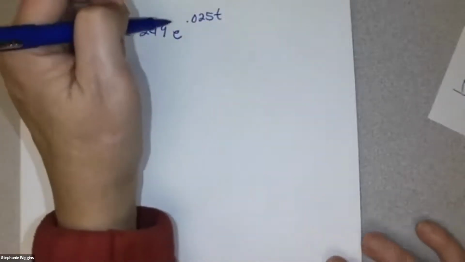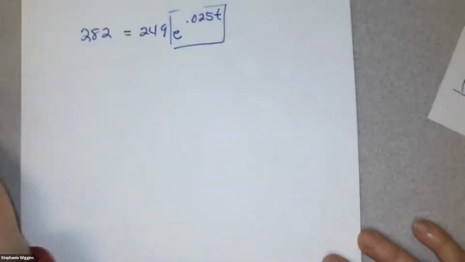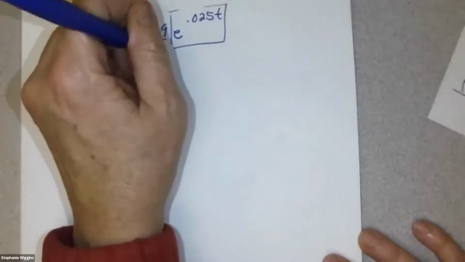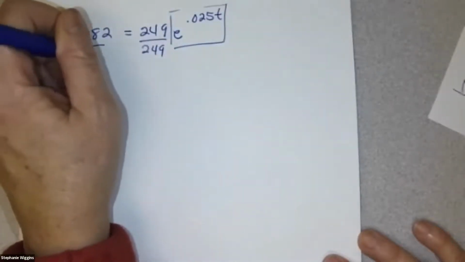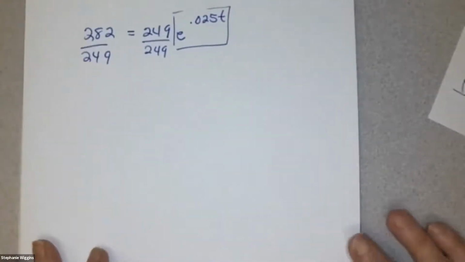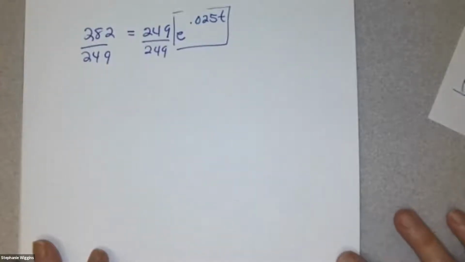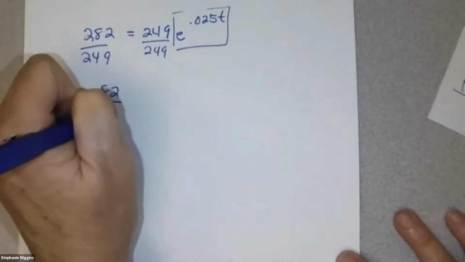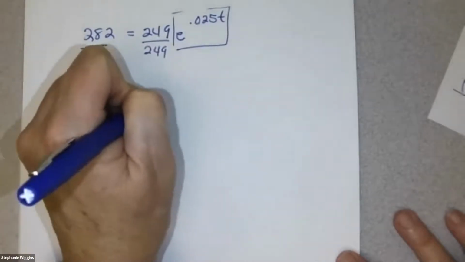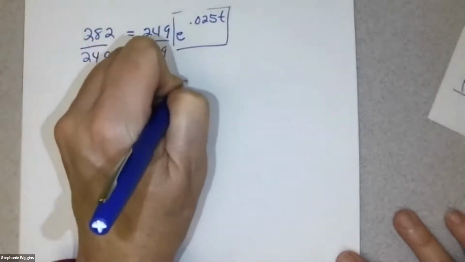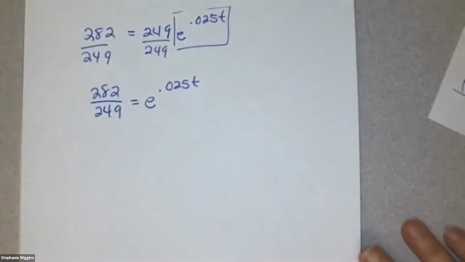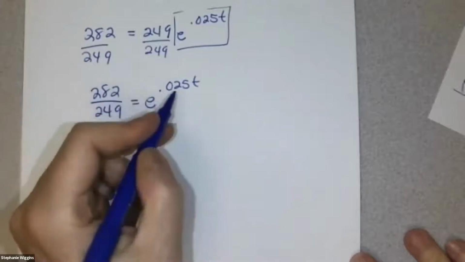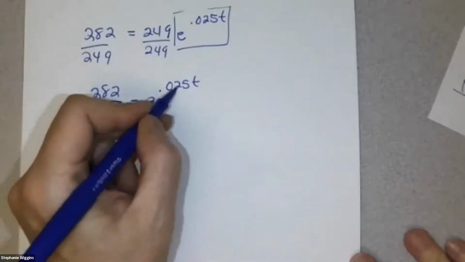So I want to get the exponential piece by itself. So I'm going to divide by 249 on both sides. Okay, and then that gives me 282 over 249 is equal to e to the 0.025t. Now, if I take the natural log of both sides, I'll be able to effectively cancel out this.